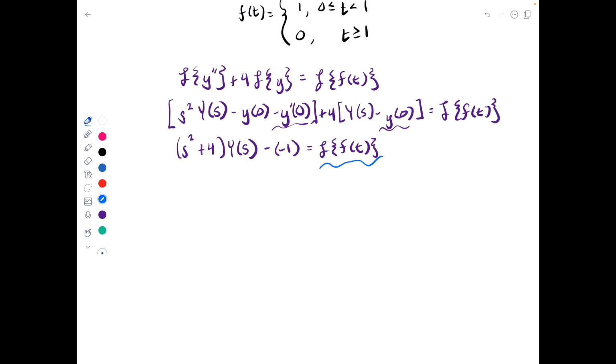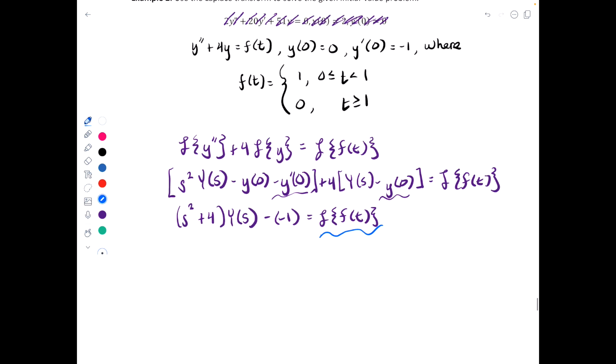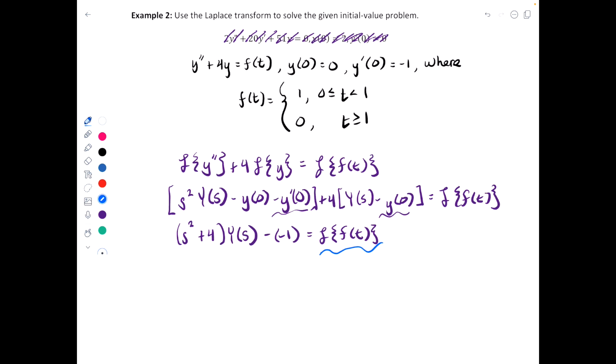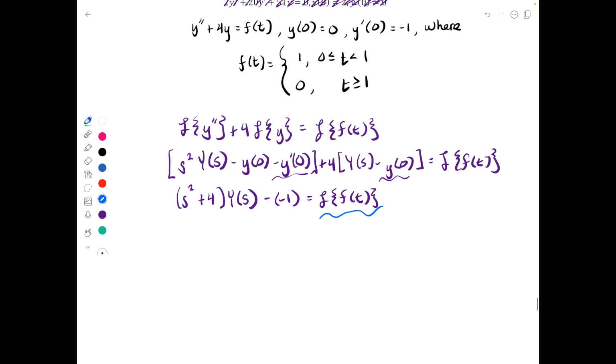Let's take a look at L of f of t, the Laplace transform of f of t. So we've got basically this unit step function, and it's got a shift of 1, and so our a would be 1. So we're going to have just a 1 over s, right?